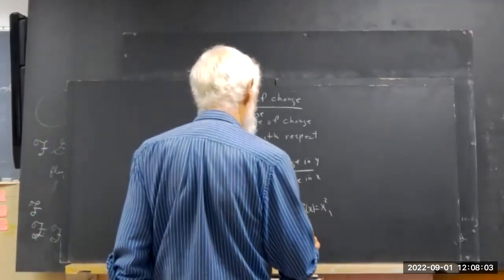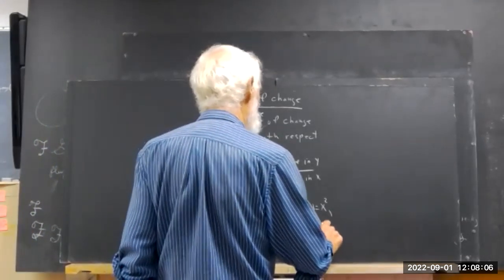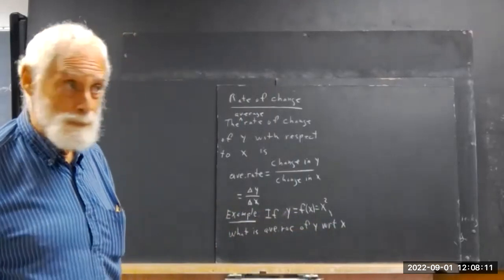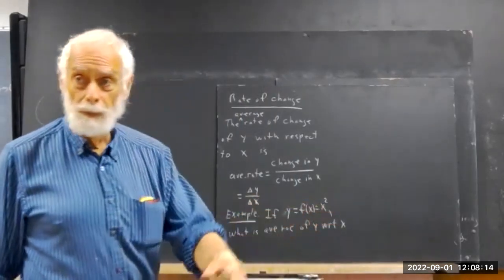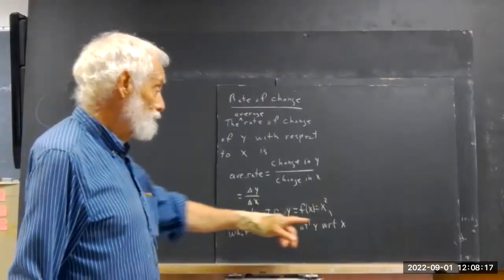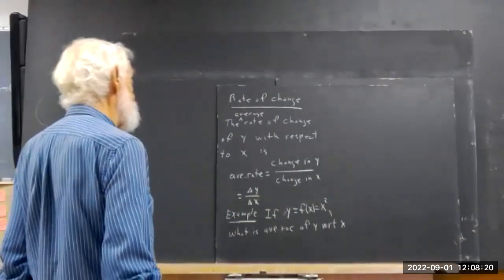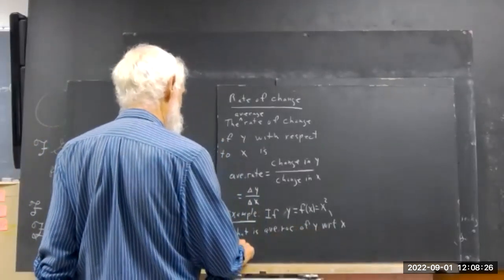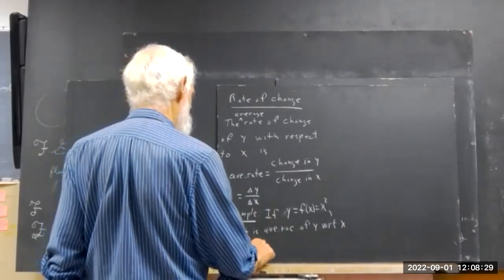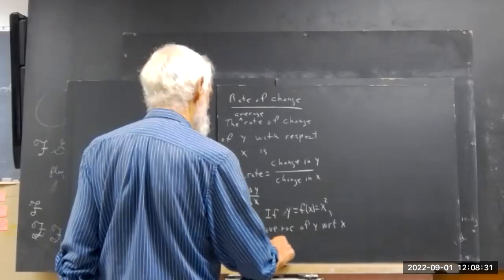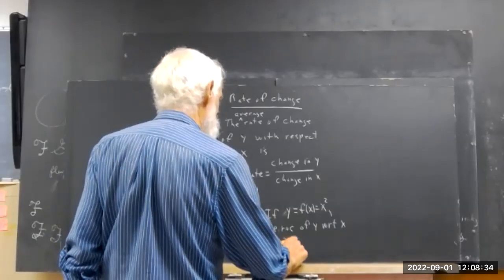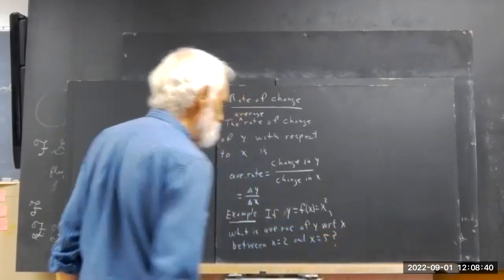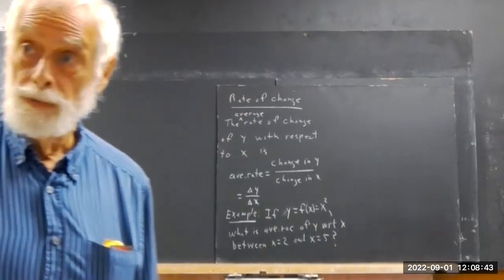Average rate of change of y with respect to x. I think it's important to write with respect to x because y might change with respect to something else. But in this case, we're changing it with respect to x. Let's say between x equals 2 and x equals 5.